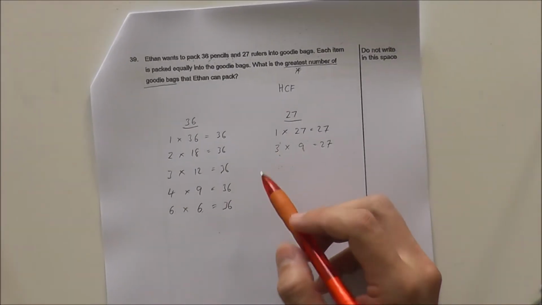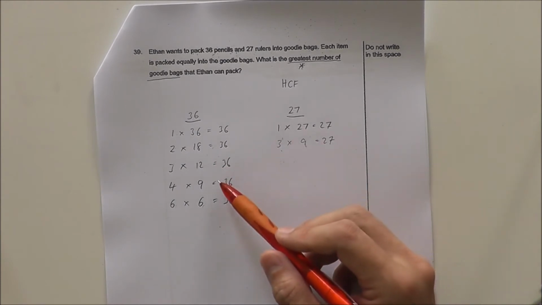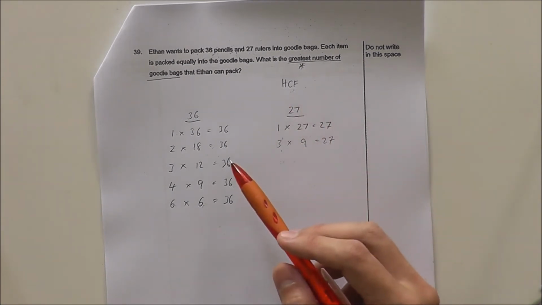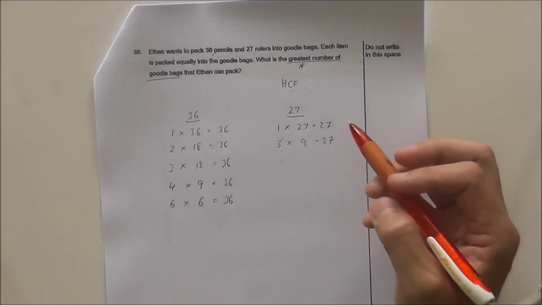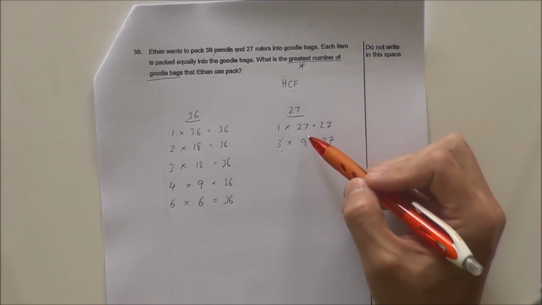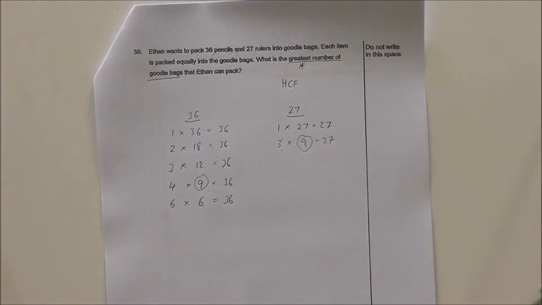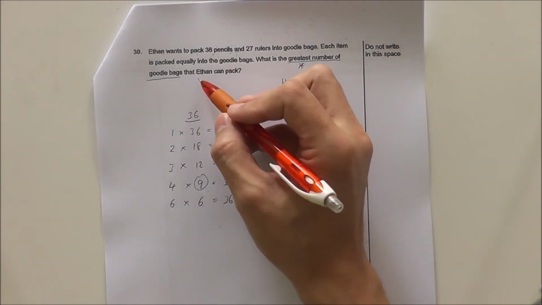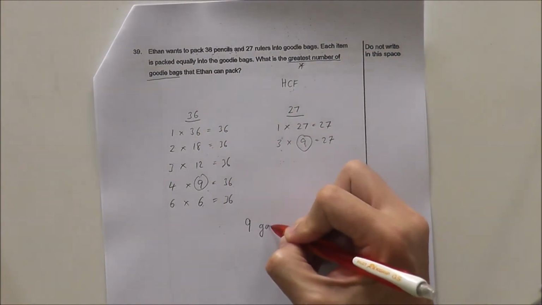Looking at the factors of 36 and 27, which is the highest common factor? You look at the factor that is the same and that is the largest. Maybe we look at 27, no 27. How about 9? Yes, there's a 9 here, there's a 9 here. So the highest common factor is 9, and the greatest number of goodie bags that Ethan can pack will be 9 goodie bags.